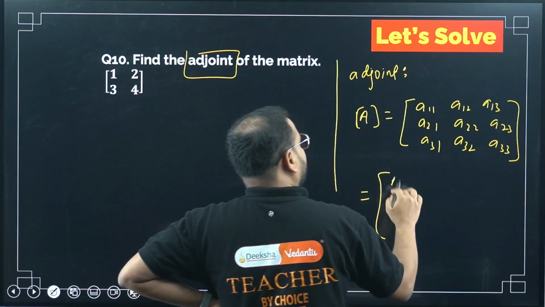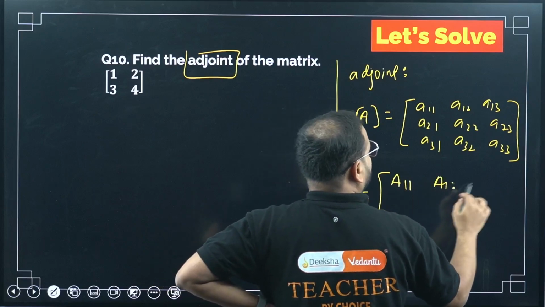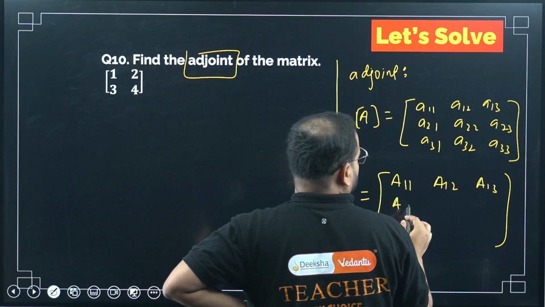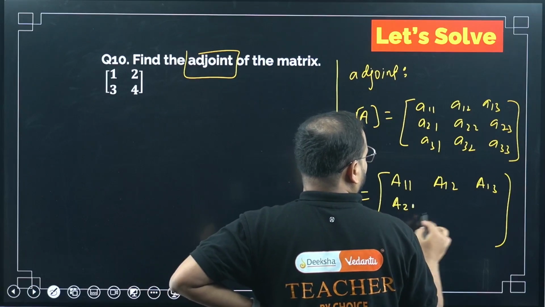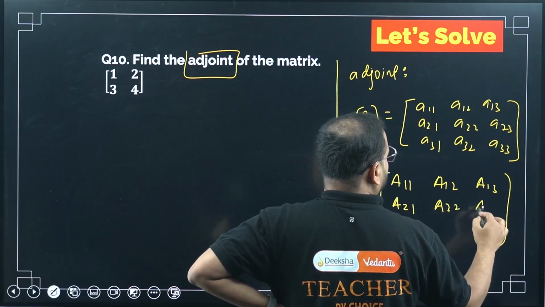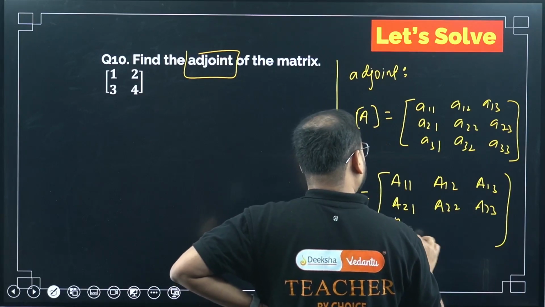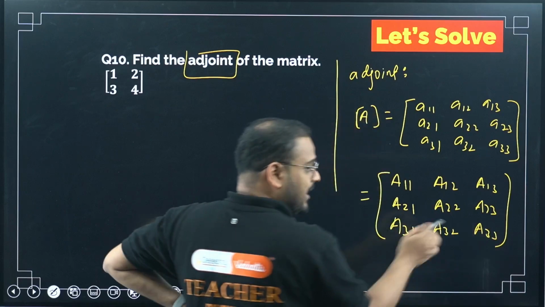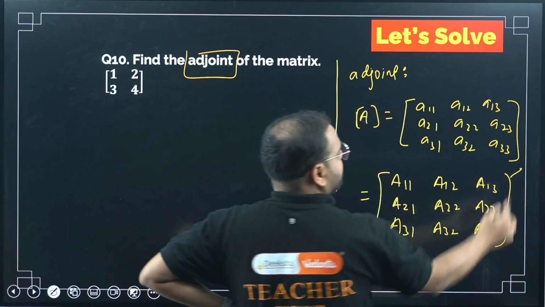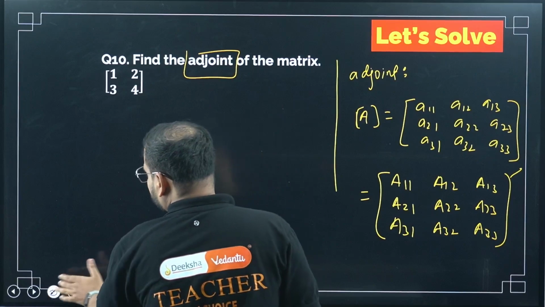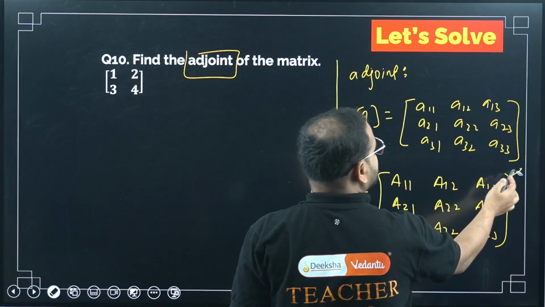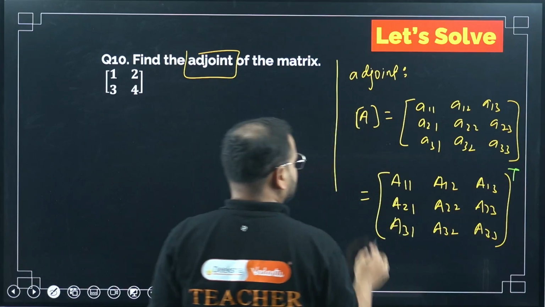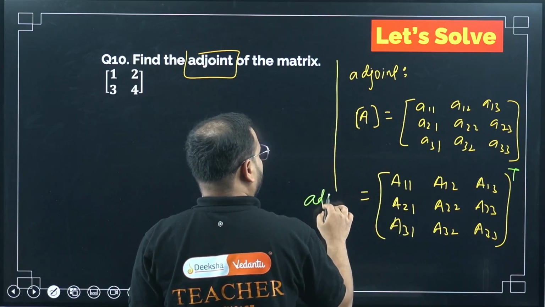You'll get A11, A12, A13, and the same you do for all the elements, A21, A22, A23, and over here also A31, A32, and A33. Then you take the transpose of this, I'll add the transpose symbol as T. This result will be the adjoint of A.